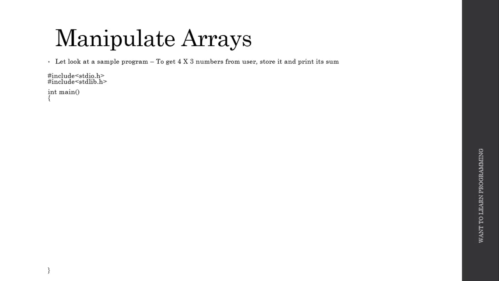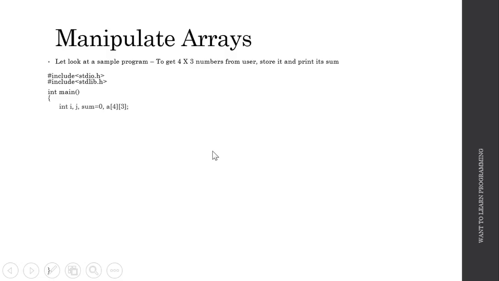Next, we initialize two variables, i and j, and a variable to store the sum of those numbers, initializing it to sum equal to 0, and we also declare an array of 4 by 3 size.